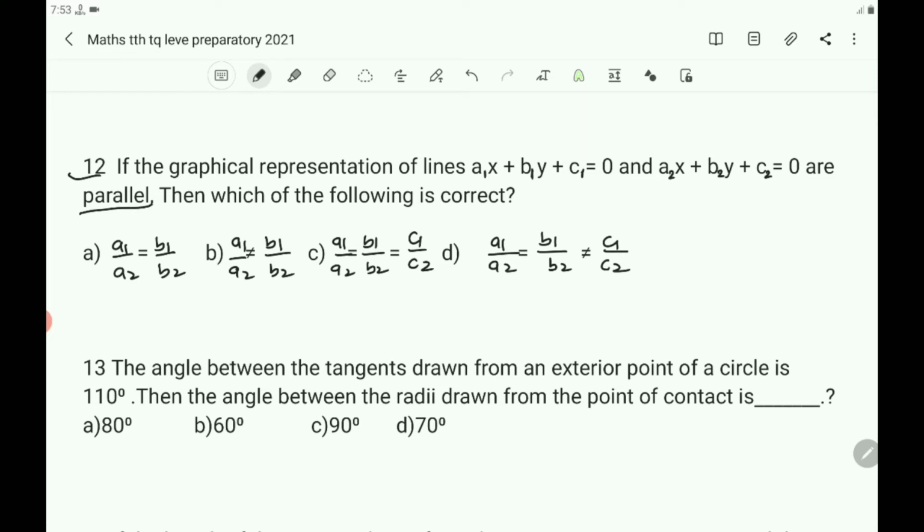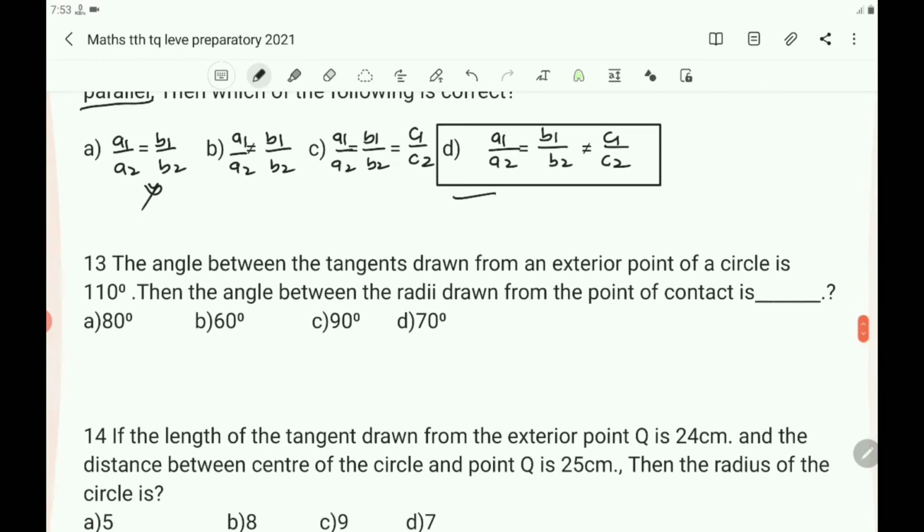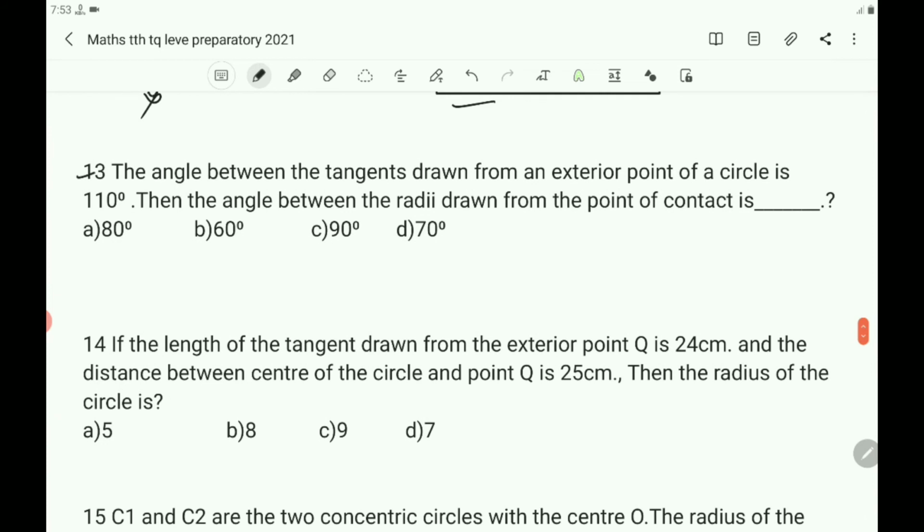So the condition is a1 by a2 equals b1 by b2 is not equal to c1 by c2. This condition is for intersecting lines, this condition for coinciding lines, and this option D is the condition for parallel lines.